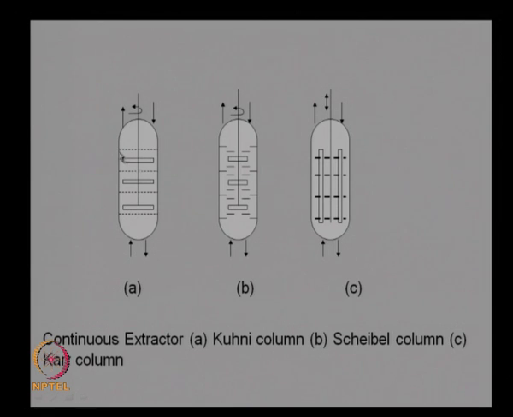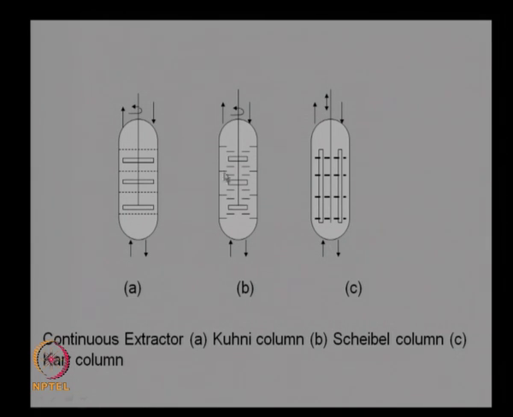When you have many sieve plates and many blades, you are creating automatically several stages where in each stage there is mixing of the liquid and the heavies. You can move the solvent from the bottom up or from the top down depending upon the density of the solvent with respect to your fermentation broth.